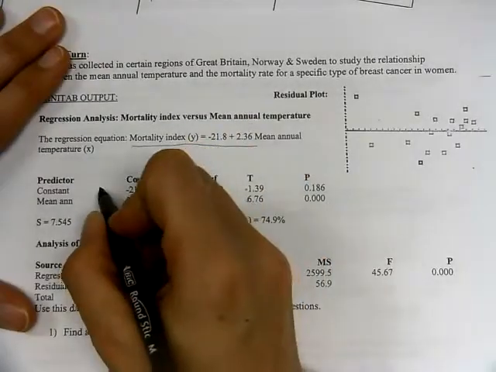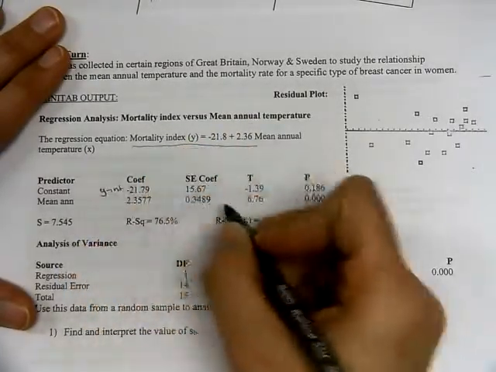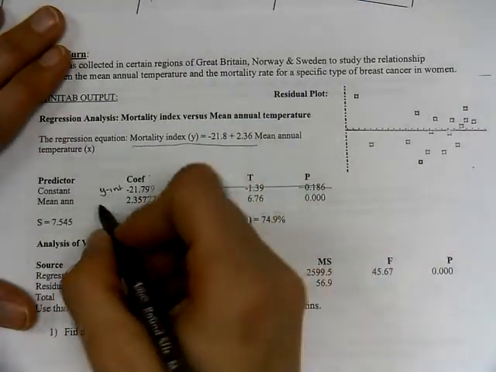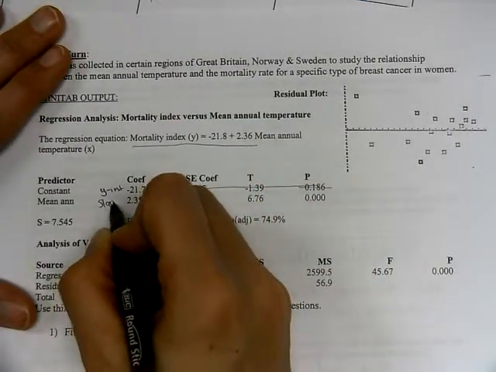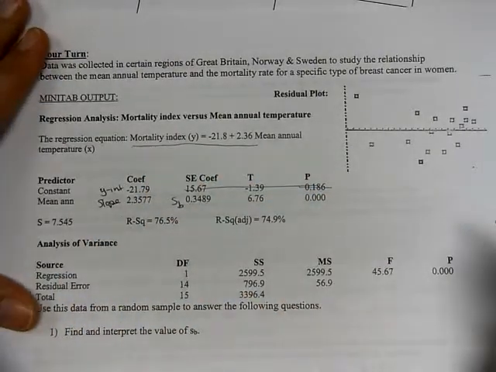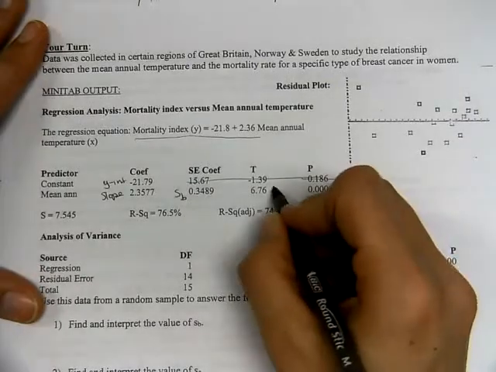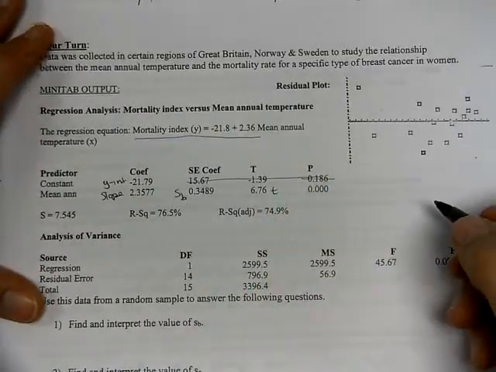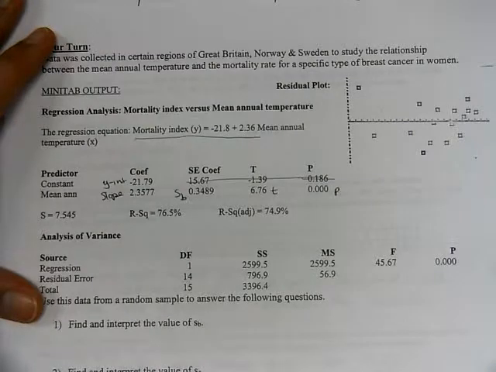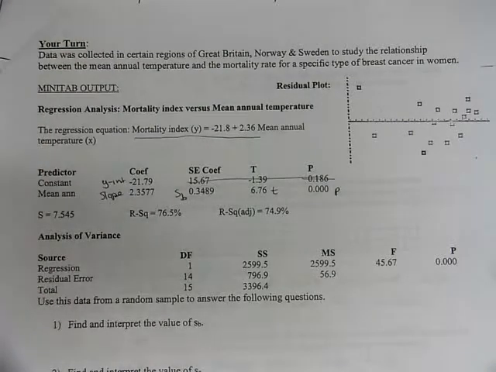Remember from yesterday, this first one's the y-intercept, and we don't need the rest of that row. This is your slope. This is SB, standard deviation of the slope. This would be your t if we were doing a hypothesis test. This would be your p-value if we were doing a test, but we're not going to do a test.